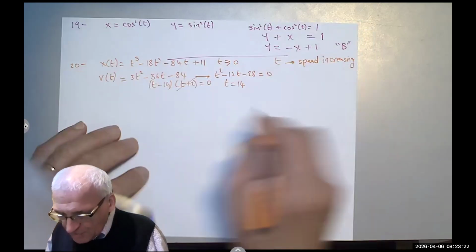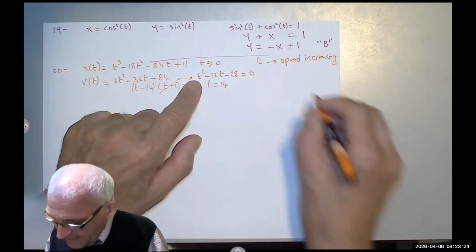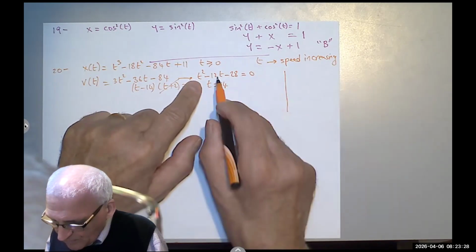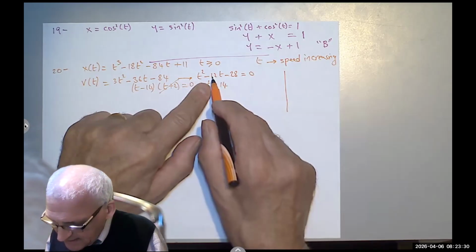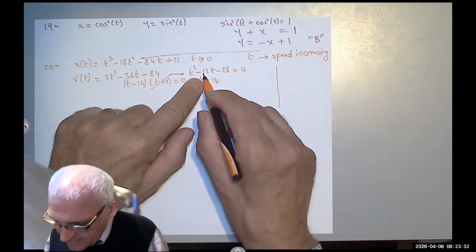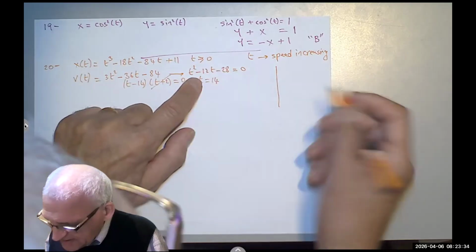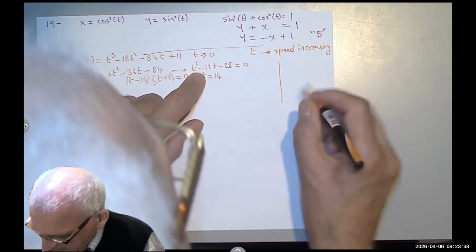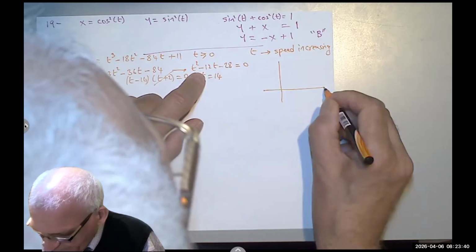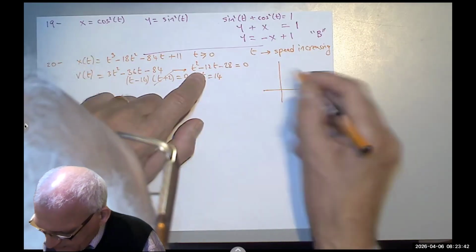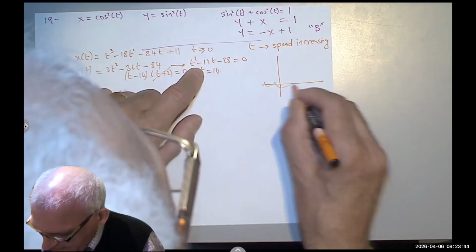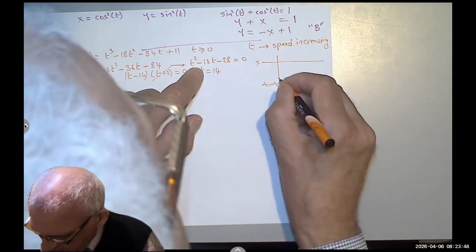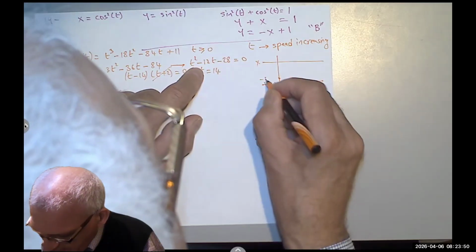Okay? Notice that this also is a parabola. If you want to plot it, it has the minimum at negative 12 over 2, which is negative, over negative 2 is positive 6. Let's say the x-axis is here because the y-intercept is negative 28.